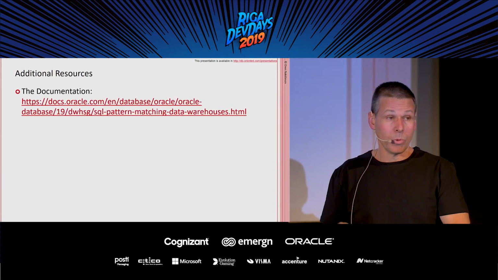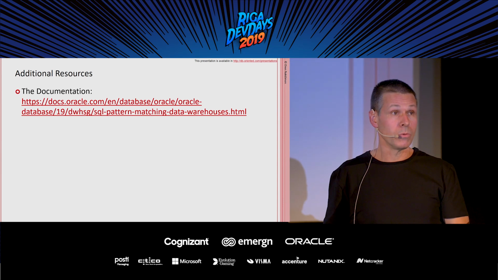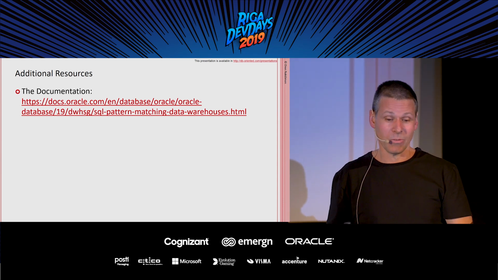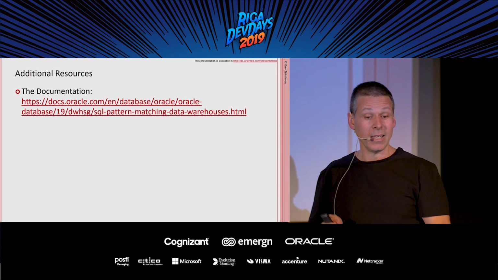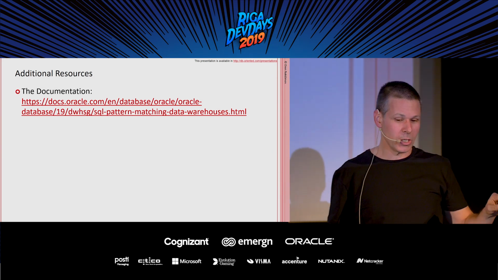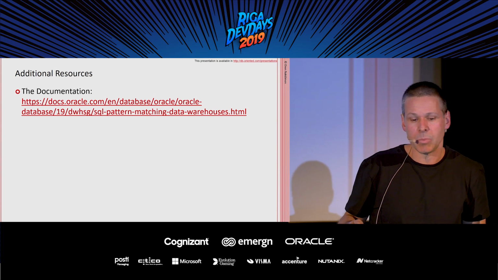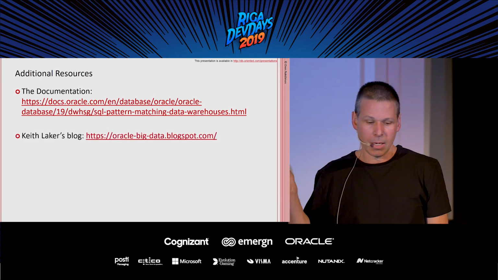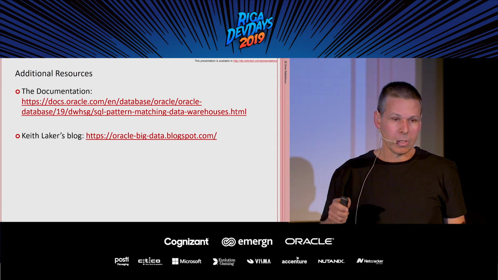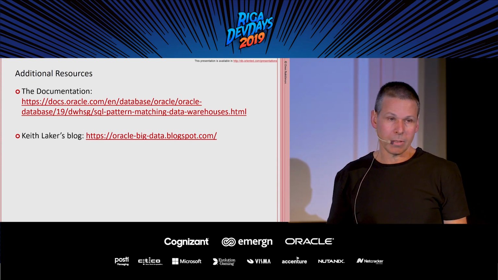And if you want to read more about it, the documentation is very good. We can't say it about every feature of Oracle, but the documentation of this feature, I think it's really good. And I guess it is because of this guy, Keith Laker, who is the product manager for pattern matching.